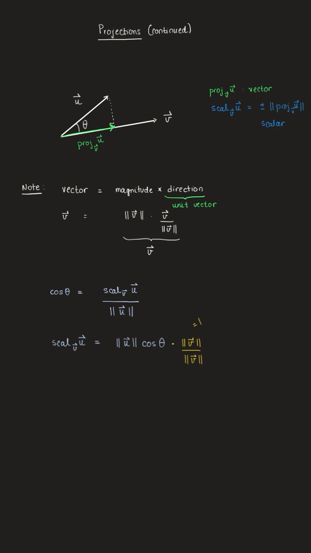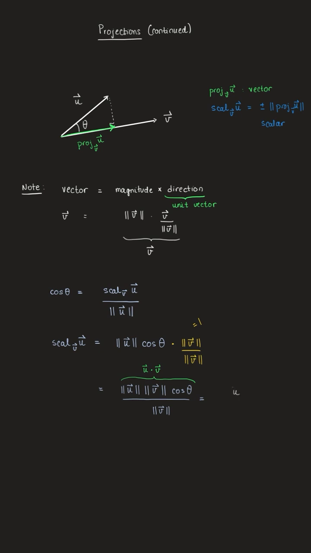But when I do this, our scalar projection becomes the magnitude of u times the magnitude of v times cosine of theta divided by the magnitude of v. And this is kind of nice, because we can see that the expression in the numerator is just the dot product of u and v. This is our second form of the dot product of u and v, which we know is the magnitude of u times the magnitude of v times the cosine of the angle in between the two vectors.